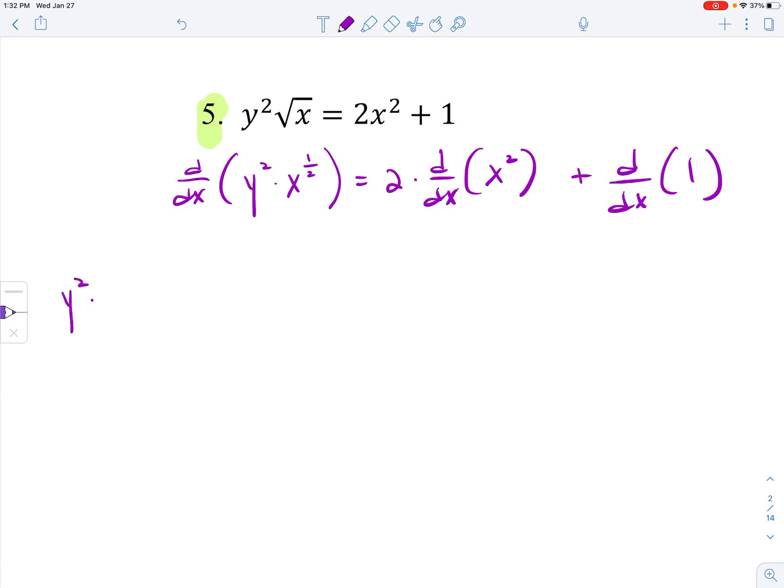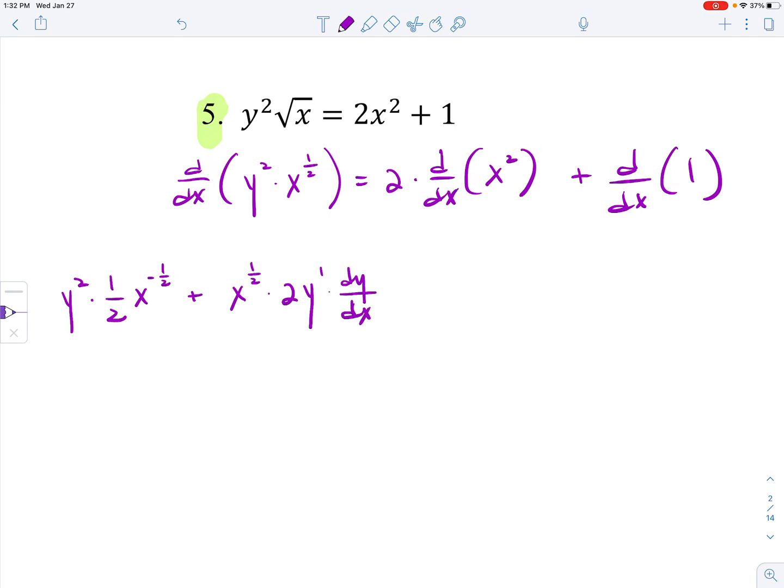Okay, so on the left-hand side, to find the derivative, we're going to need to use product rule. So first factor times the derivative of the second factor would be 1/2 x to the negative 1/2, and then it would be times the derivative of x with respect to x, which is just 1, so we don't need to write anything. Plus x to the 1/2 times the derivative of y squared.